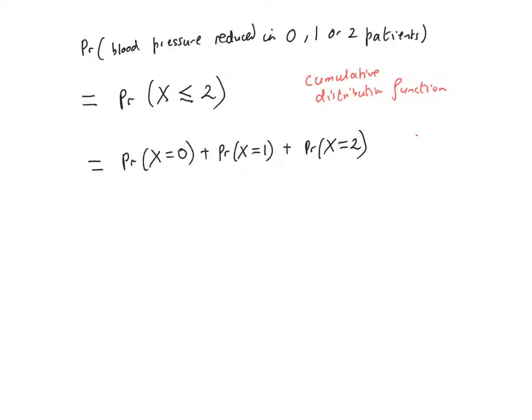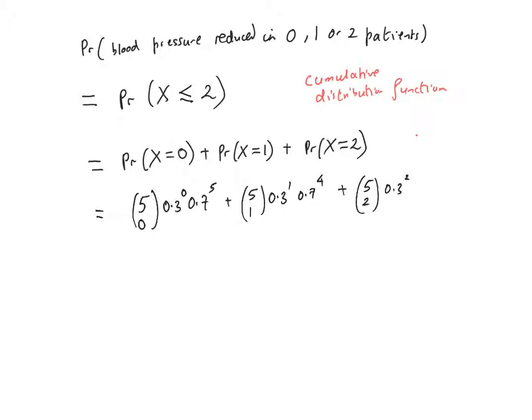If we now write down those calculations, that's 5 choose 0, 0.3 to the 0, 0.7 to the 5, plus 5 choose 1, 0.3 to the 1, so you've got 1 success, 0.7 to the 4, plus 5 choose 2, 0.3 squared, 0.7 to the 3.